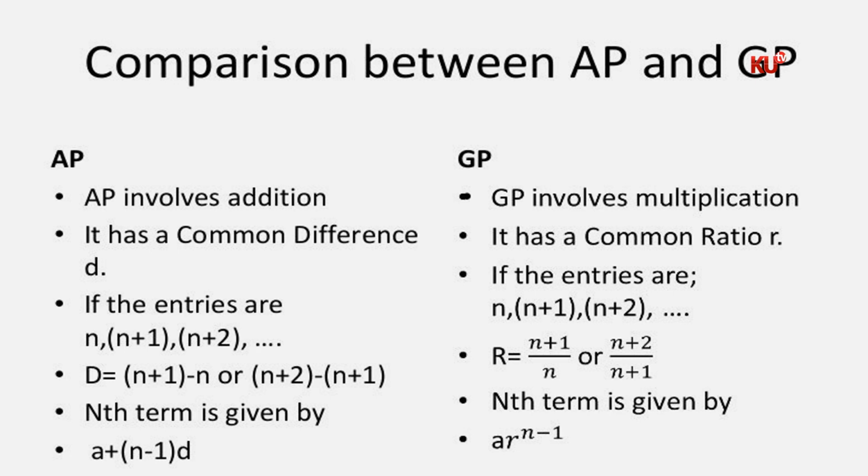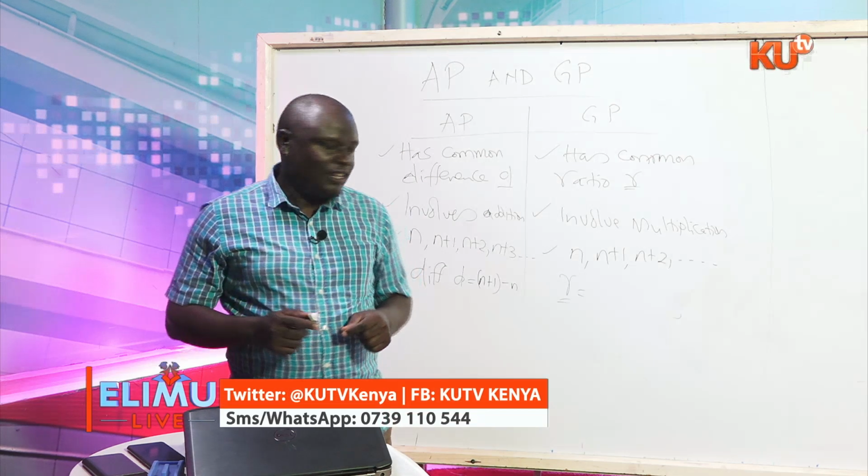On the side of GP, where we have common ratio, how do we get the common ratio? If again we list the numbers as we had done, n plus 1, n plus 2, and so on and so forth, the common ratio will always be given by the current number or value divided by the previous value.